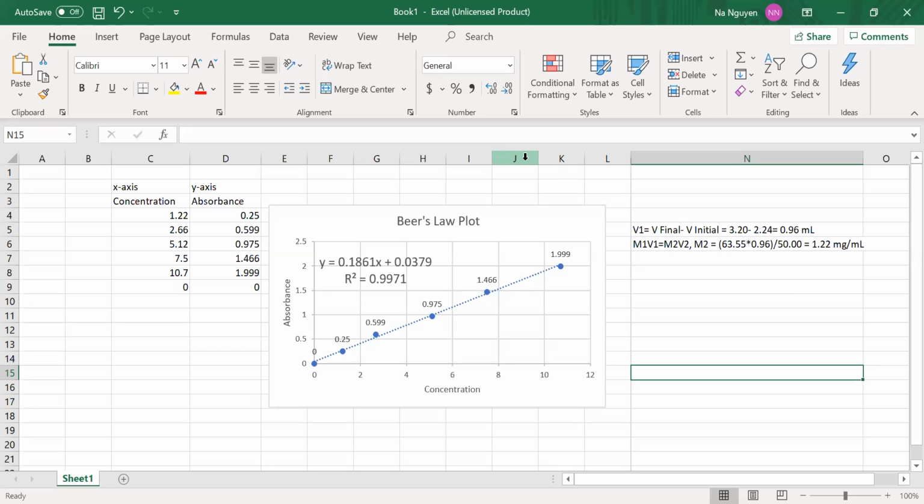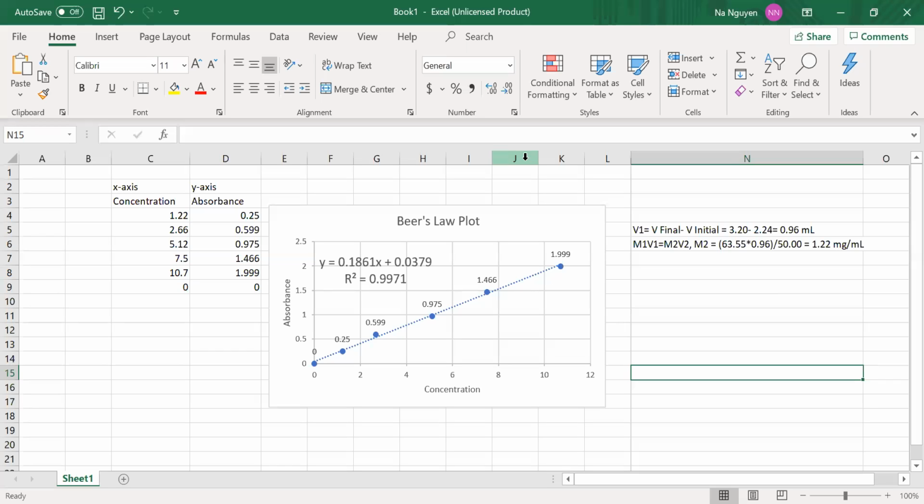And then we're going to solve for the x value, which is the concentration for site A. And after the calculation, we got the concentration for site A is 0.495 milligram per milliliter.